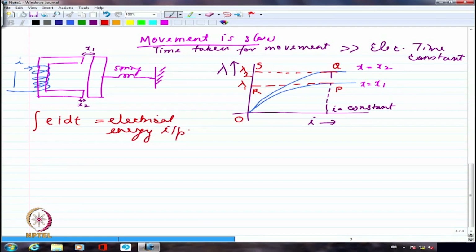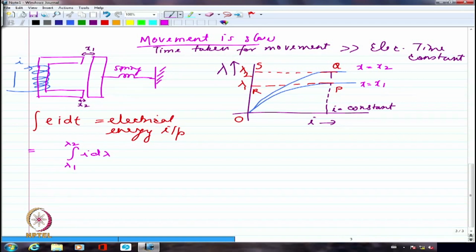And after all, E dt we said is d lambda. So I have to integrate this as the electrical energy input going into the system, from lambda 1 to lambda 2, I d lambda. That's all.